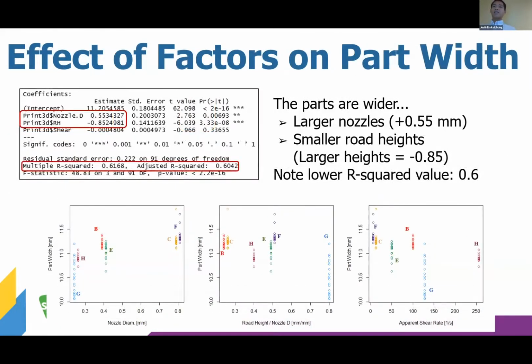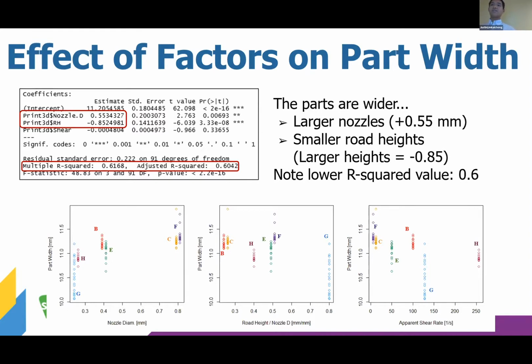Moving on to dimensions, again, something that we wanted was to have some sort of accuracy and precision. We wanted to have good and consistent parts. So something that we noticed was, again, printing with larger nozzles, just by nature, would of course make wider parts, because you're depositing more of the material at that point.